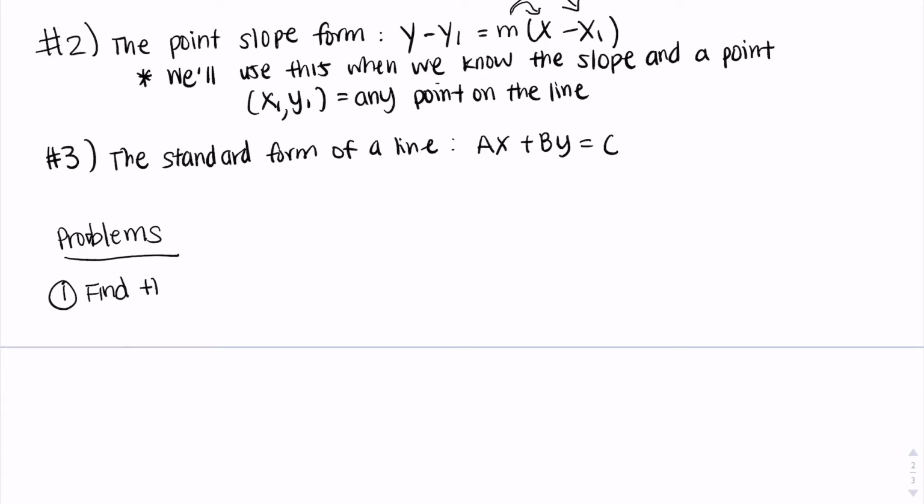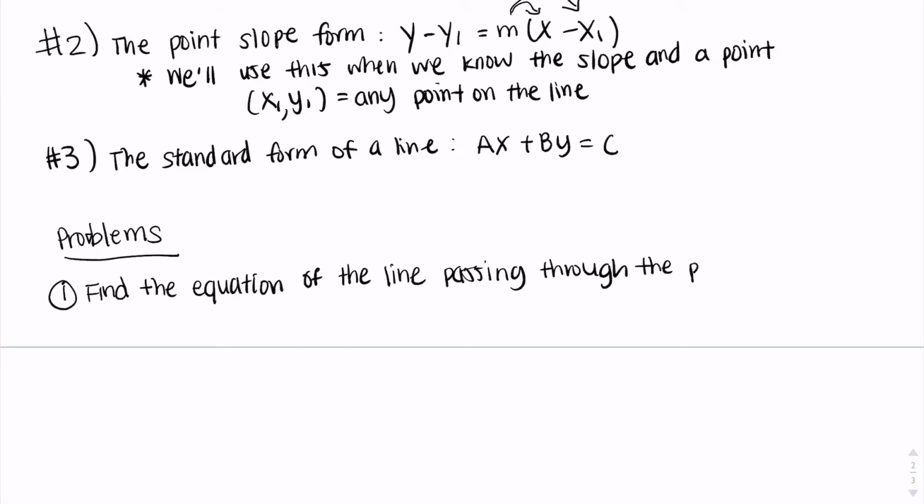Find the equation of the line passing through the points P(3, −1) and Q(−2, 1).